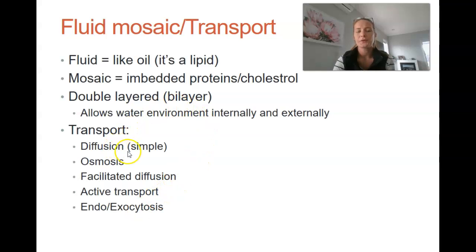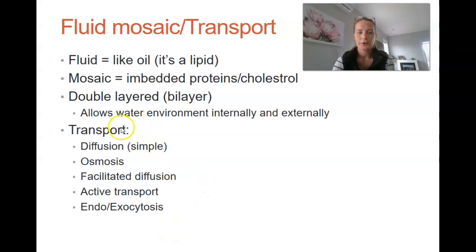So for diffusion, if you want to pause the video now, have a quick go at defining each of these before I explain them and see how your memory's gone with the description. And it really comes down to the kinds of molecules that they are transporting. So try to be specific, hit pause, and describe these transports across membrane.